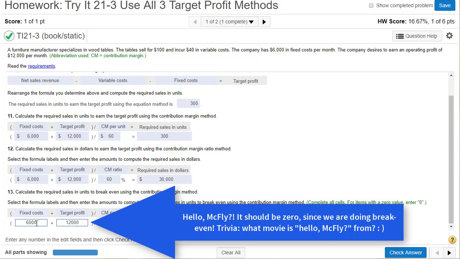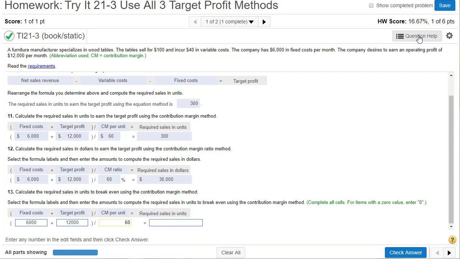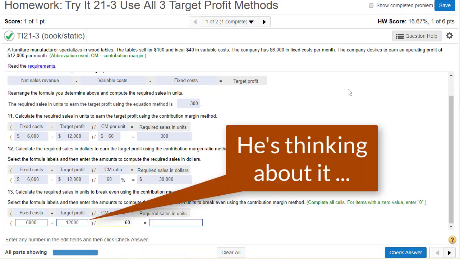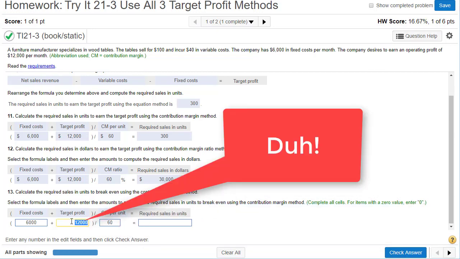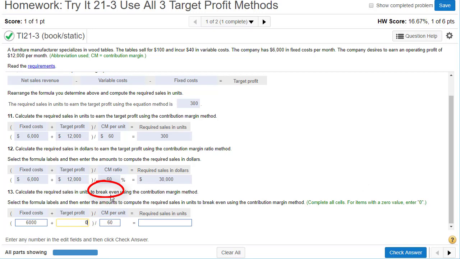So now we have $18,000. We just need to do the math. 18,000, these two added together, divide by 60. Excuse me, oops, I screwed up. Target profit is 0. Remember, we're trying to do break even. So we're ignoring this target profit of $12,000 a month. We want to know, well, what do we need to sell just to break even? So it's 6,000 plus 0 divided by 60.